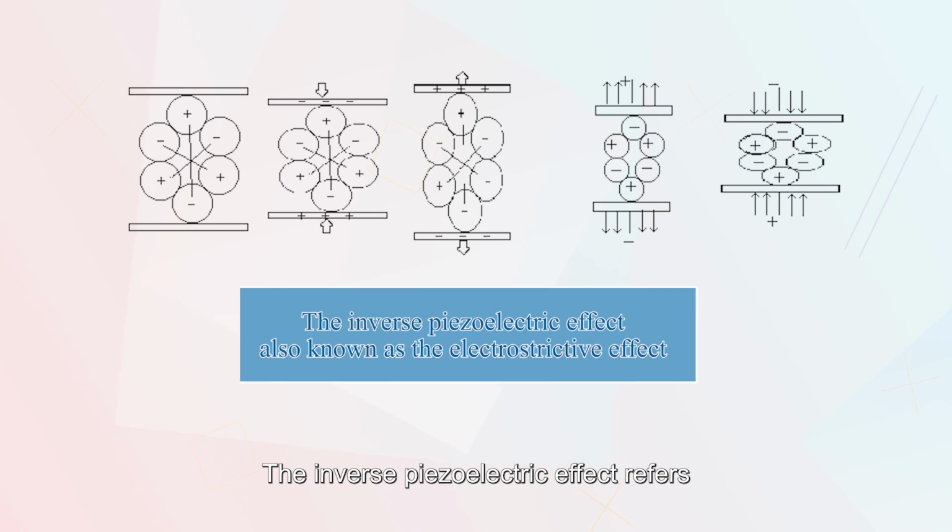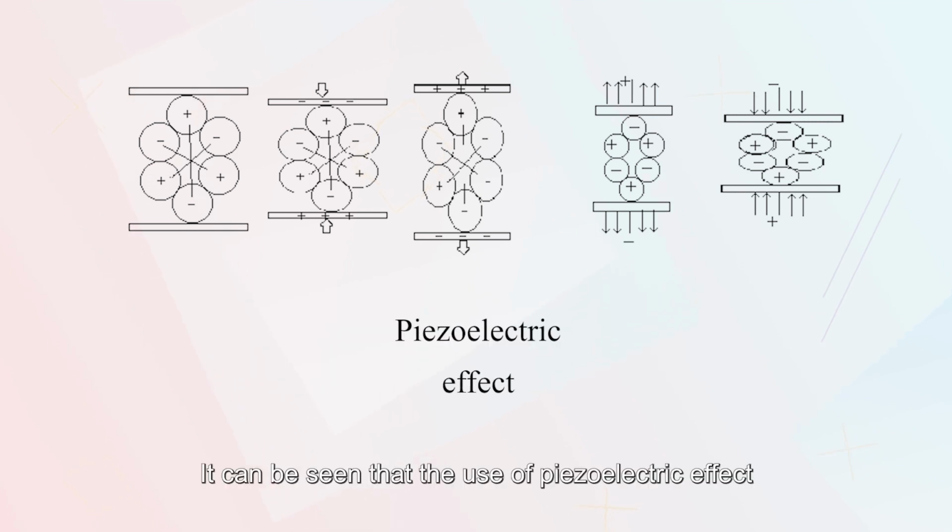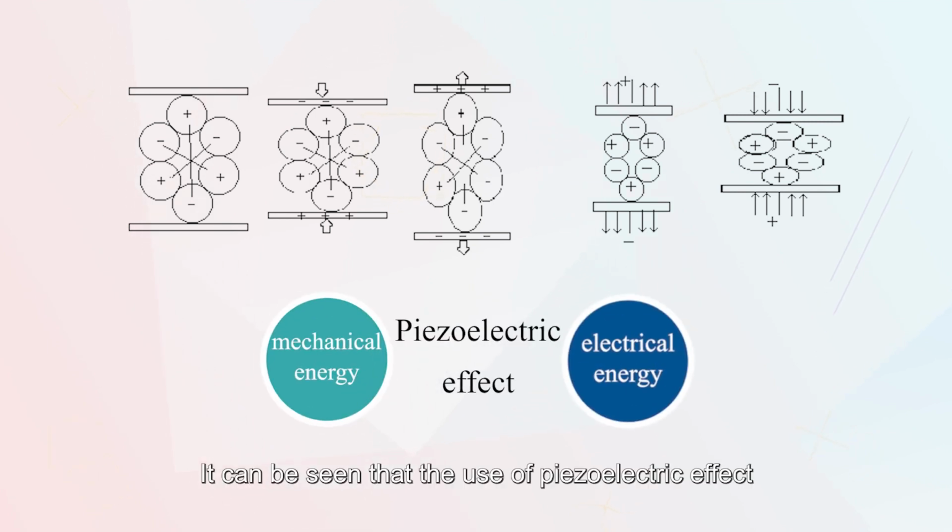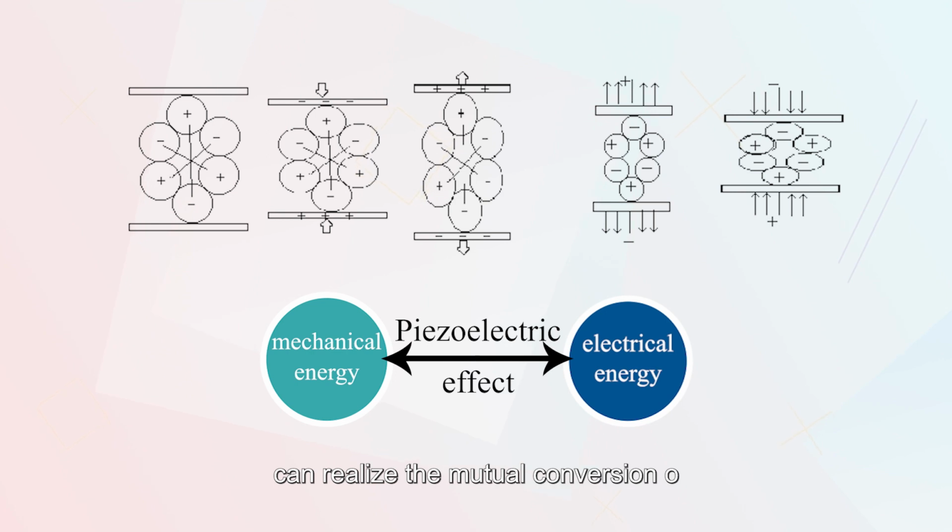The inverse piezoelectric effect refers to the phenomenon that the application of an alternating electric field to the crystal causes mechanical deformation of the crystal, also known as the electrostrictive effect. It can be seen that the use of piezoelectric effect can realize the mutual conversion of mechanical energy and electrical energy.